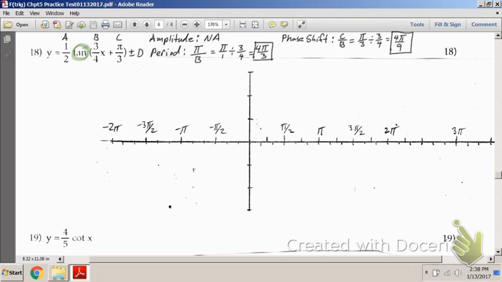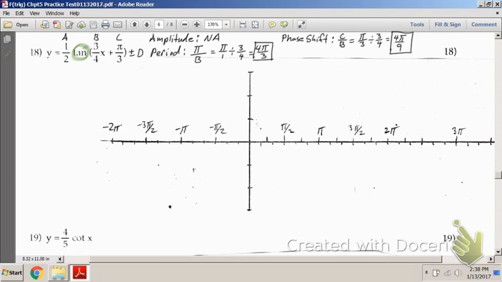The period for tangent and cotangent is not 2 pi, it's pi. I'm still going to divide that by b. Remember, this is a translation applied to the x value, so it's opposite of what you think. So instead of multiplying by 3/4, my translation is divide by 3/4. Same thing as multiplying by 4/3.